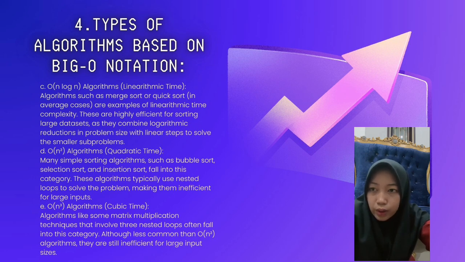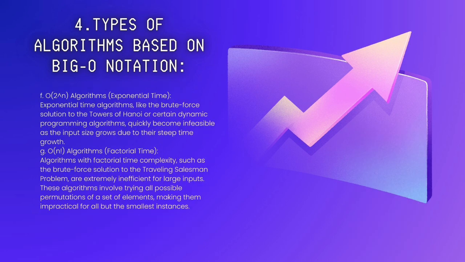E. O(n³) algorithms, or cubic time. Some matrix multiplication techniques that involve three nested loops often fall into this category. Although less common than O(n²) algorithms, they are still inefficient for large input sizes.